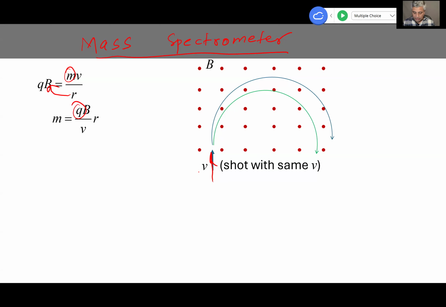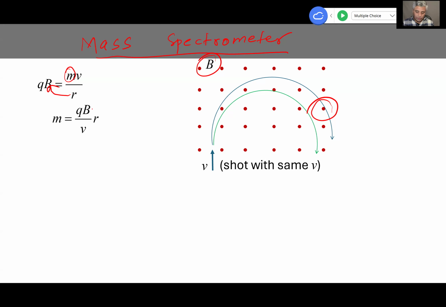The charge has a fixed value. We are shooting a charge, so it has a known value, and it is moving in a given magnetic field, the field we set up by putting magnets. So B is known. And since we are shooting, let's say we know what speed the gun is shooting.